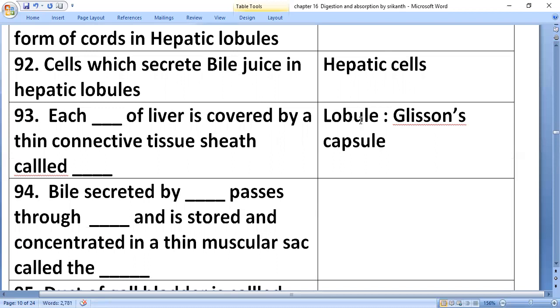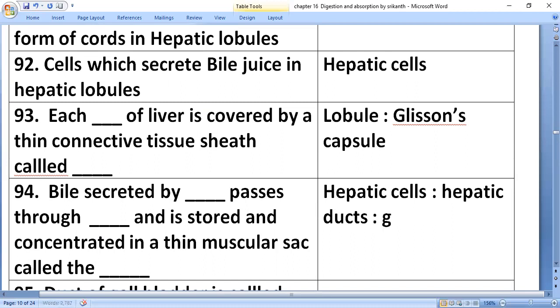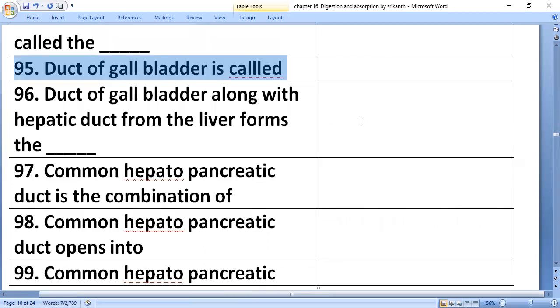Bile secreted by hepatic cells passes through hepatic ducts and is stored and concentrated in a thin muscular sac called the gallbladder. The duct of the gallbladder is called the cystic duct.